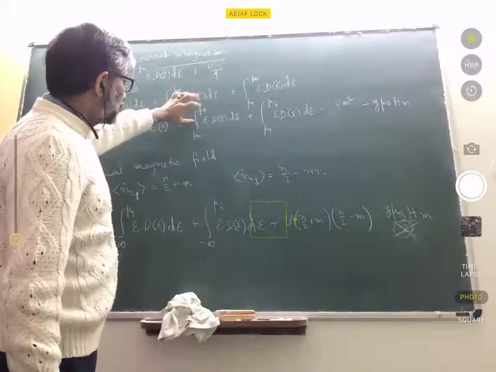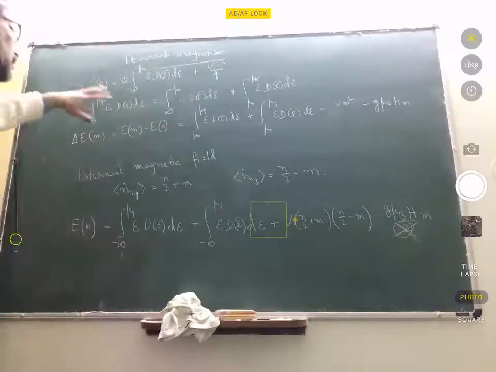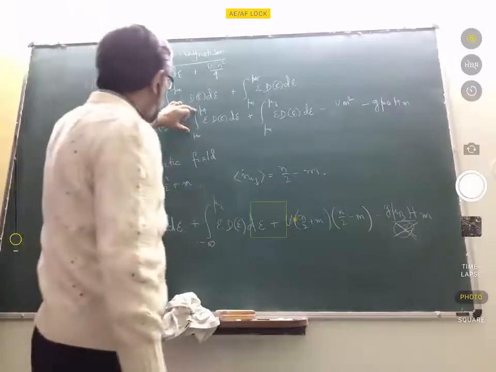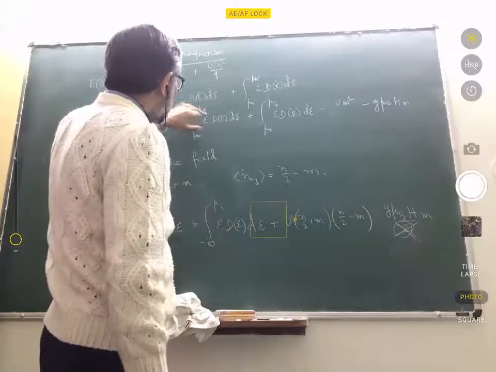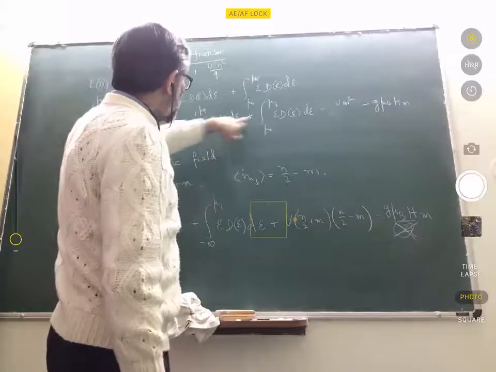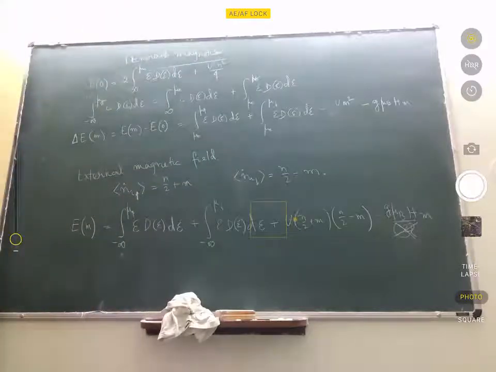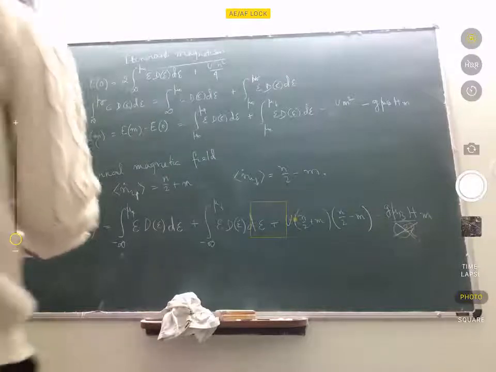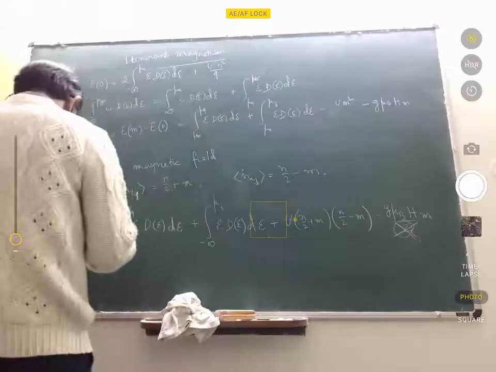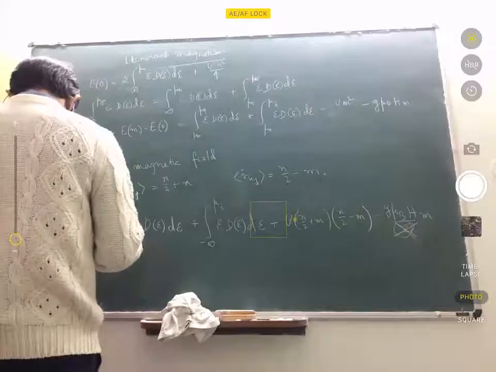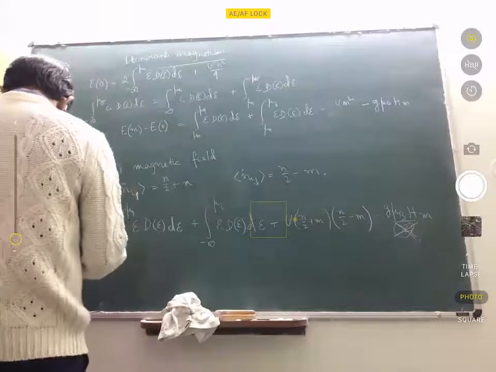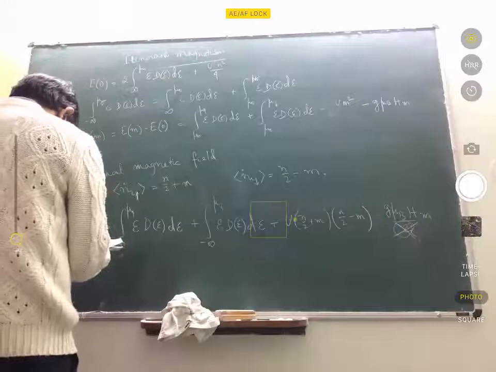So the change is over a small region, and if the change is not large, we can simply replace these by the density of states at the Fermi energy of the original system, the non-magnetic situation. So in that case, what we do is this.